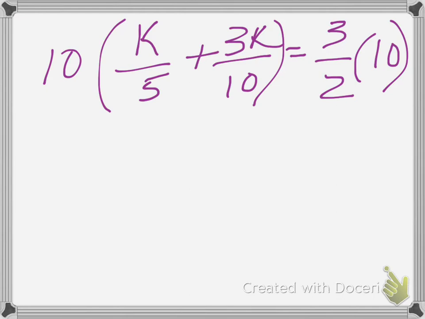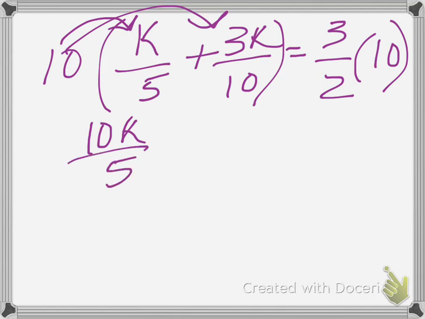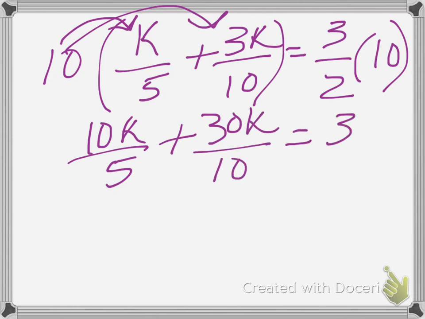You're going to multiply this 10 throughout each one of these numerators. So this is going to become 10k over 5 plus 30k over 10 equals 30 over 2.